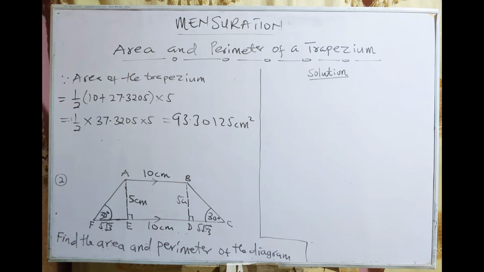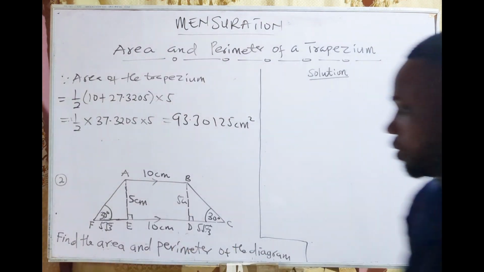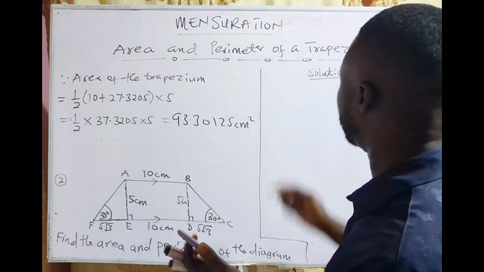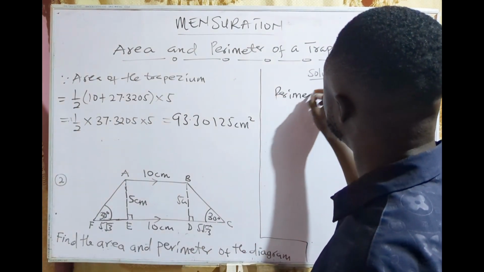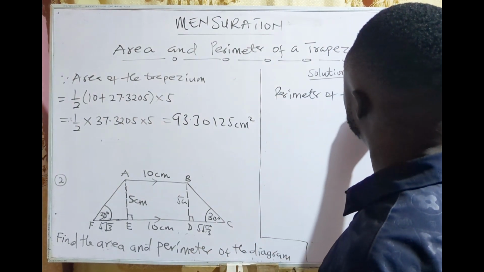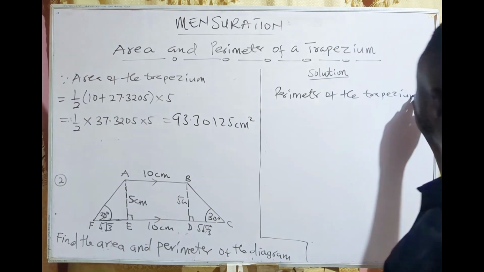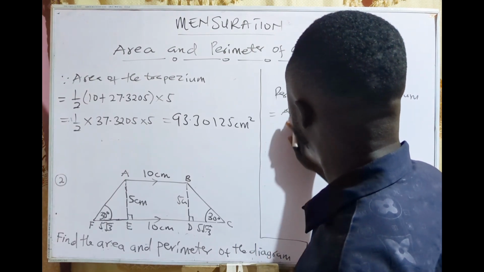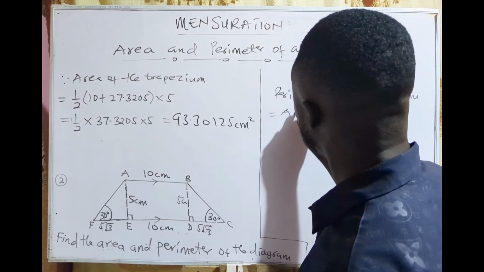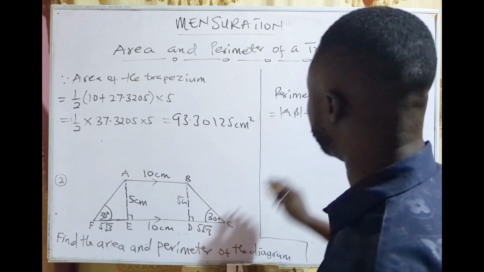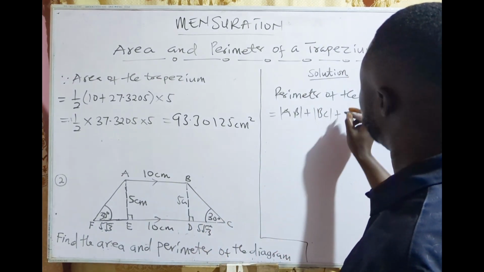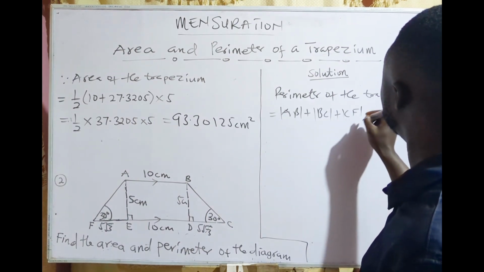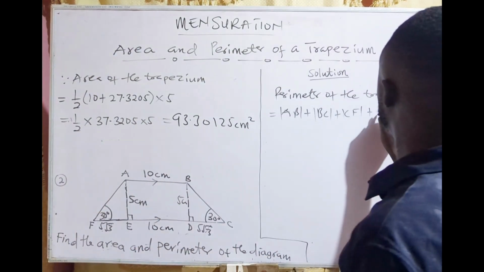Now let's look at the perimeter. We are asked to find the perimeter, which is the distance around the figure. So we can say the perimeter of the trapezium will be equal to AB plus BC plus CF, or FC, plus AF.